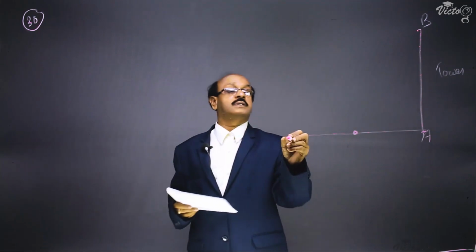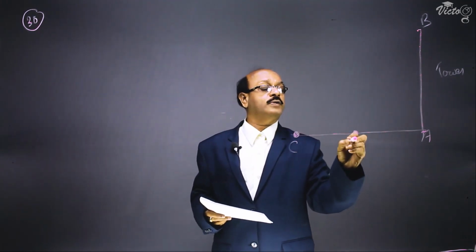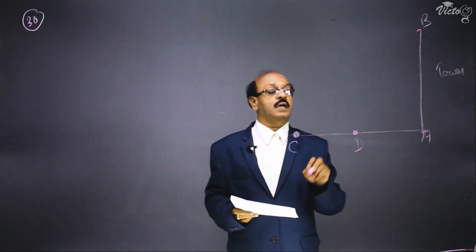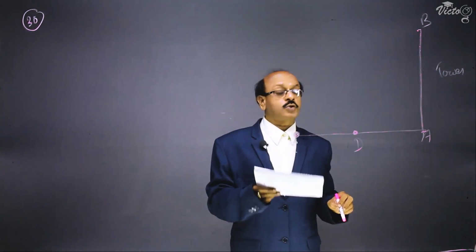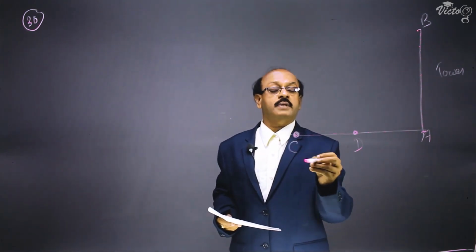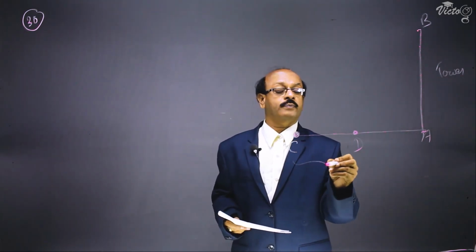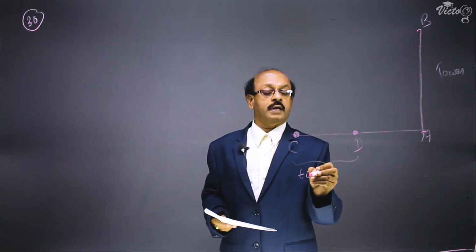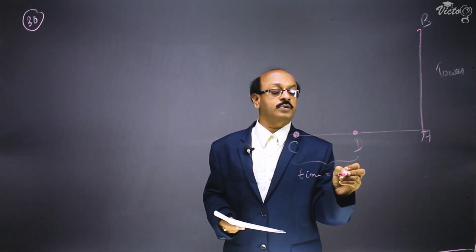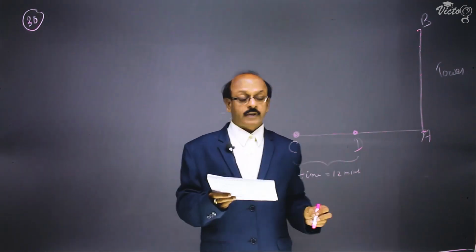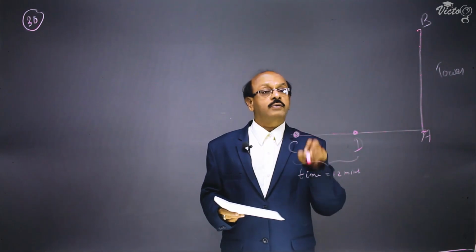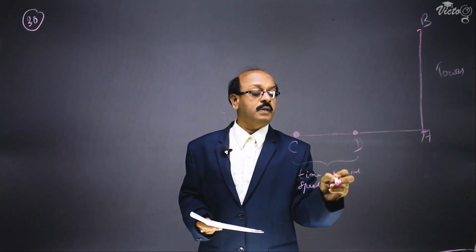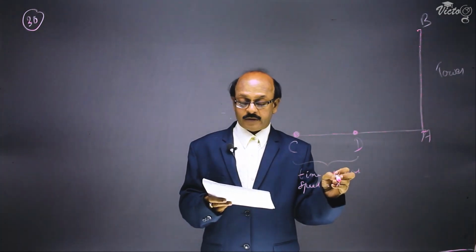From the position C, the car is moving to the position D. The car reaches from the position C to the position D in 12 minutes. To reach from C to D, a car takes 12 minutes, with a uniform speed. So we have to assume the speed to be x meters per minute.